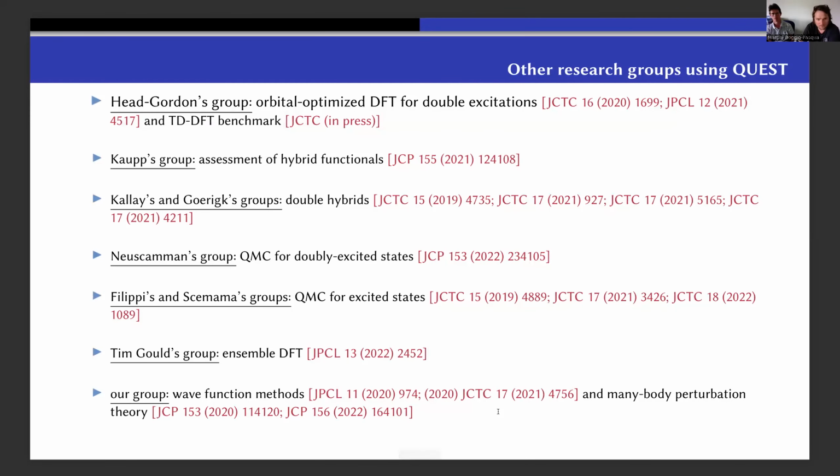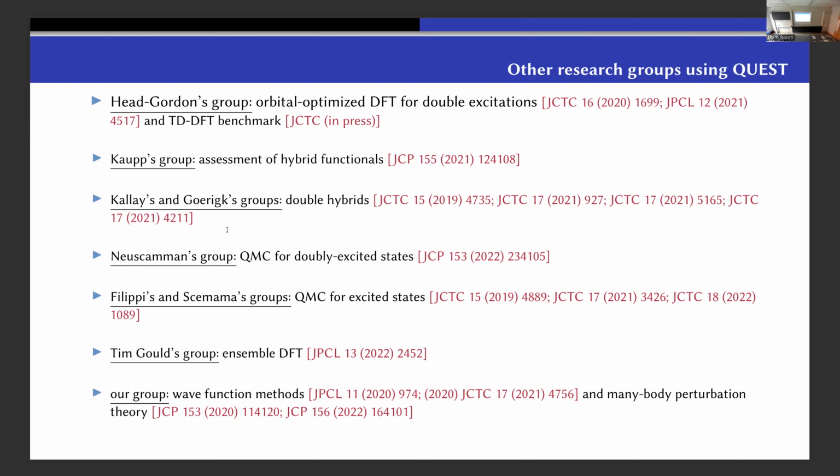All right. So lots of people have actually used that website. For example, Martin Head-Gordon's group has been using the Quest database for orbital optimized DFT and TD-DFT. Martin Kaupp, to assess hybrid functionals in TD-DFT.